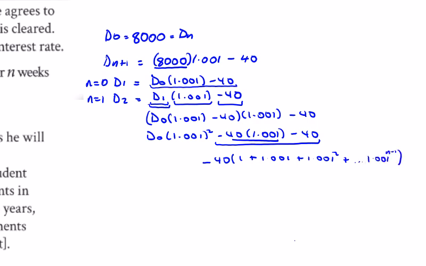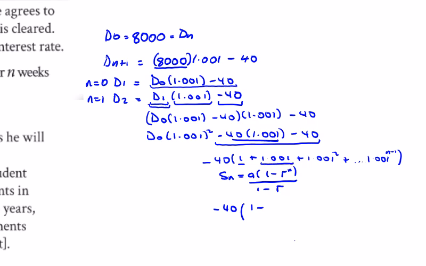minus 1. This geometric progression, Sn, is equal to a times 1 minus r to the power of n over 1 minus r. So we're going to have the minus 40 outside, times a is equal to 1, so we don't need the 1, we just need the 1 minus r, 1 minus the ratio.